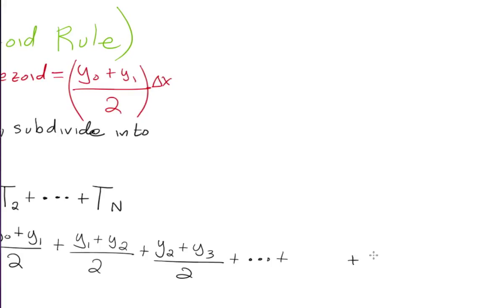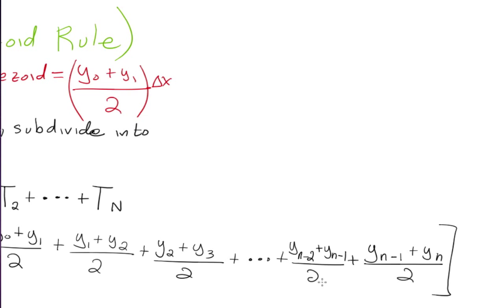The very last one would be y sub n minus 1 plus y sub n over 2. And then the one before it would be y sub n minus 2 plus y sub n minus 1 over 2.